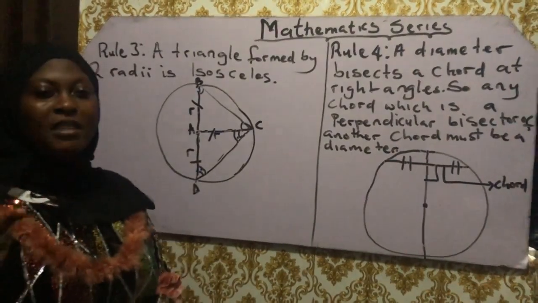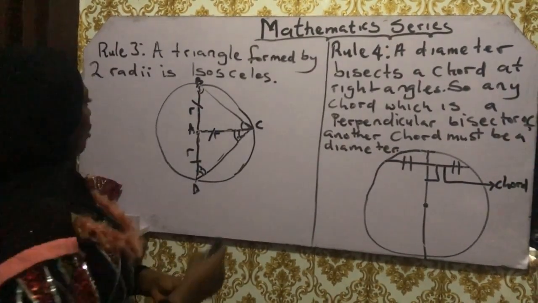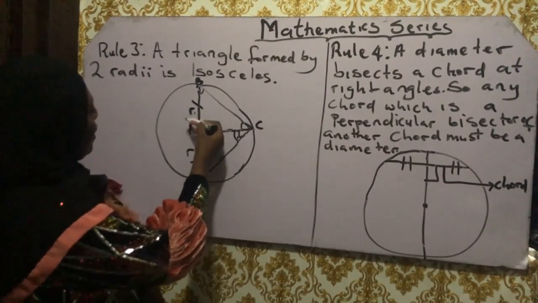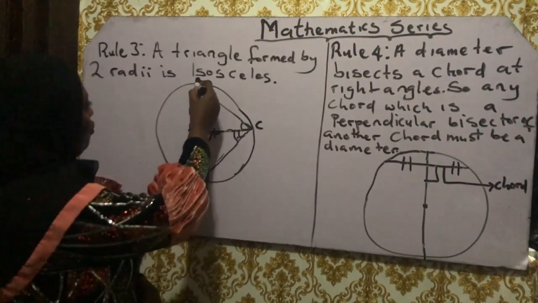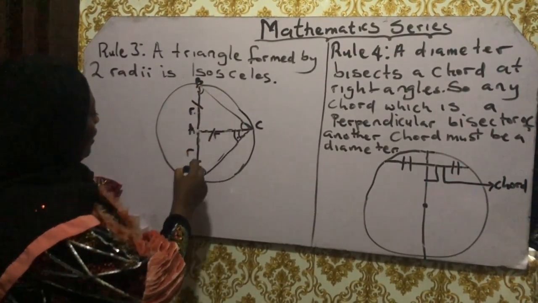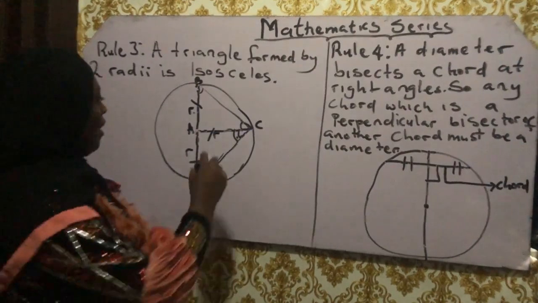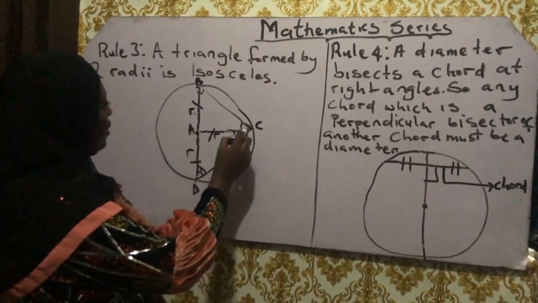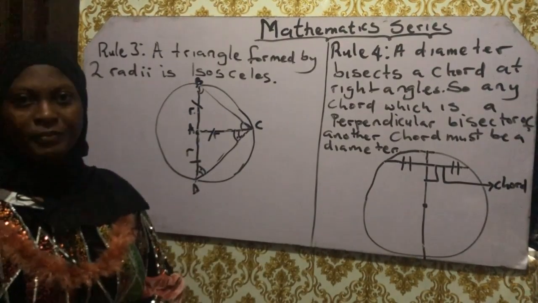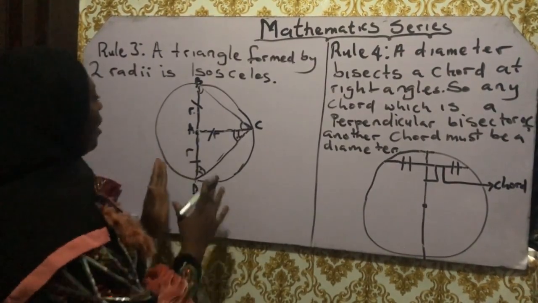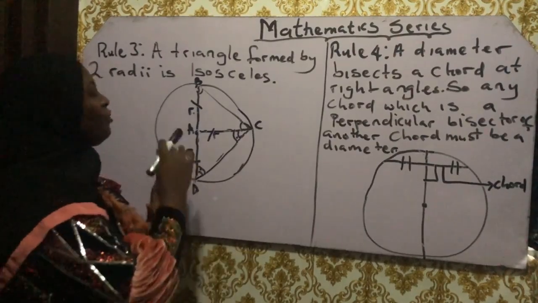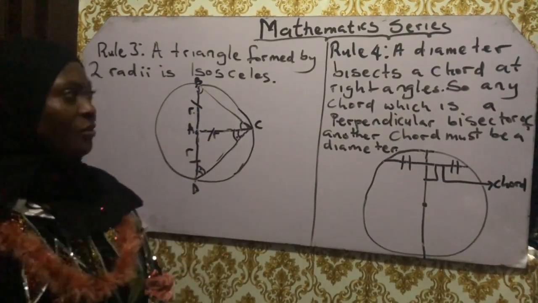Remember that a diameter is made up of two radii. So that is why we have here a radius from the center to the end, a radius from the center to the end, and also from the center here to the end, we also have a radius. So that's how we come about rule 3, a triangle formed by two radii is isosceles.